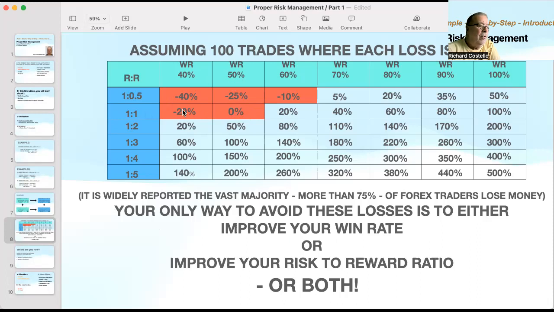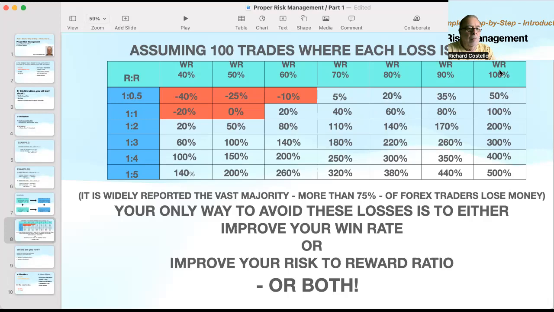If that trader was to increase his win rate to 60%, he would find himself in a net gain of 20%. And you can see how increasing the win rate impacts on the account balance increase.